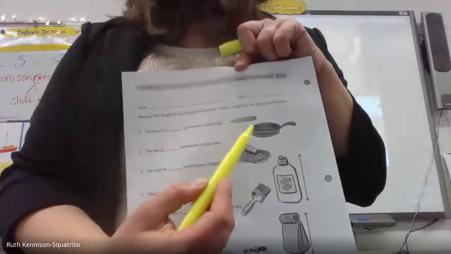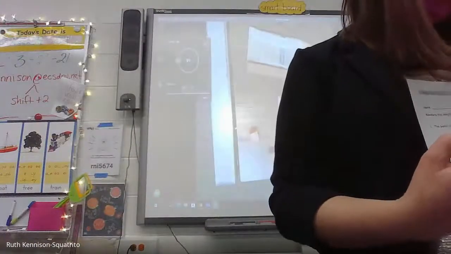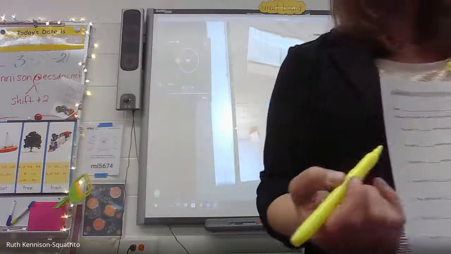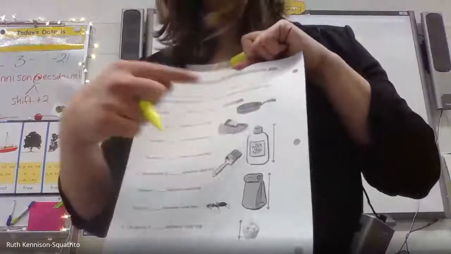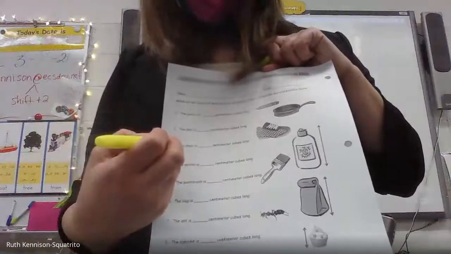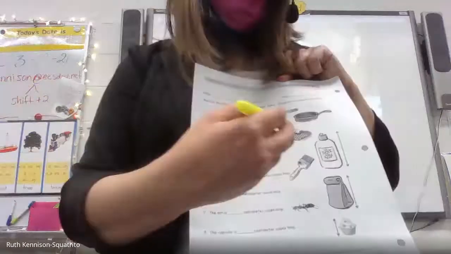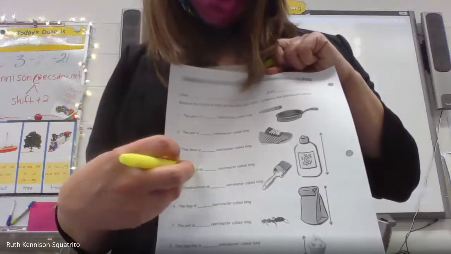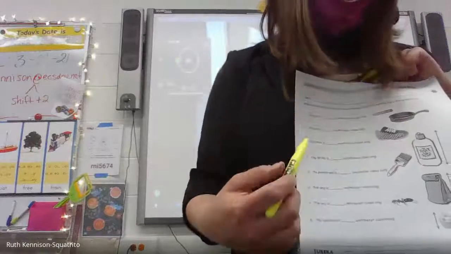So you need to make sure that you're measuring the pencil. The next one says the pan is blank centimeter cubes long. The shoe is blank centimeter cubes long. The bottle is blank centimeter cubes long.